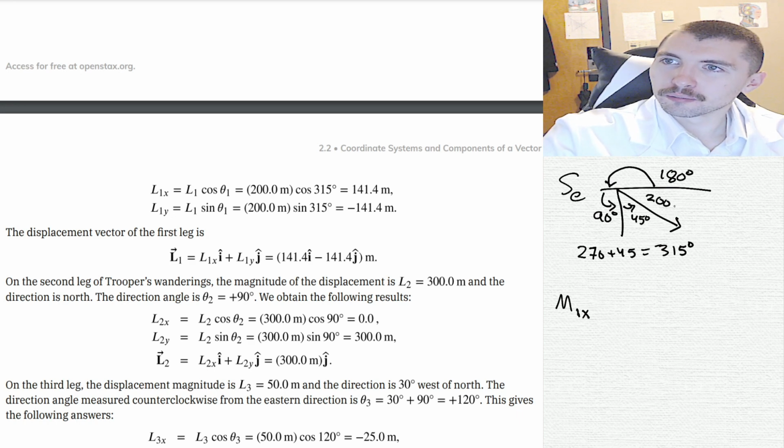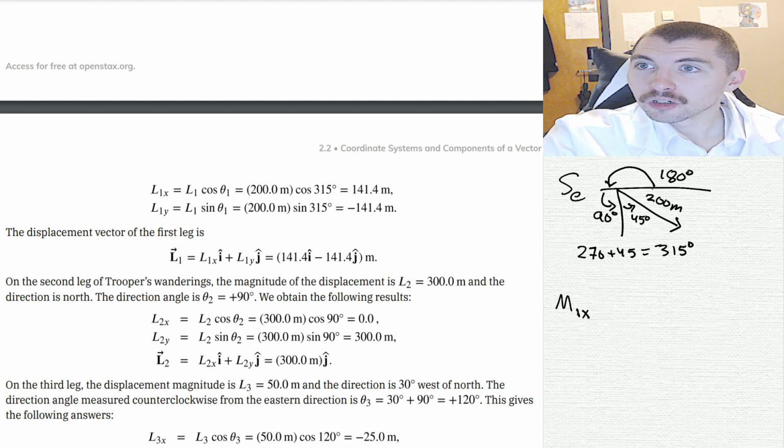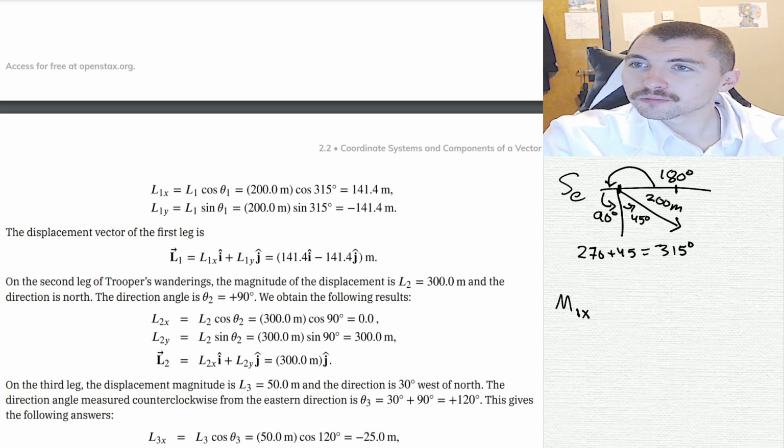200 meters. So we want to know the x, this distance. If you know the angle, so the angle is 315.